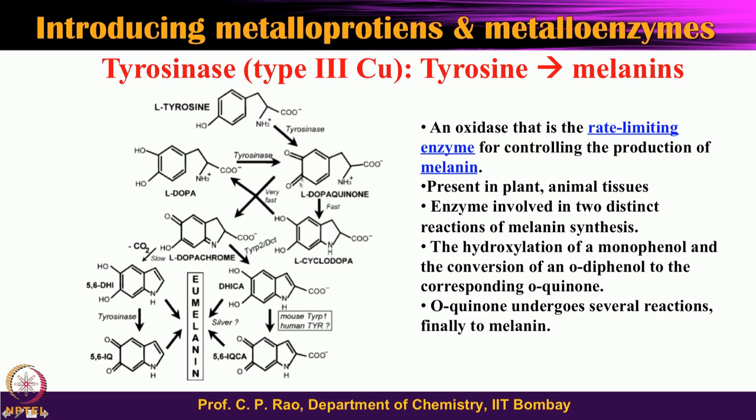There are two double bond O's here, that is called dopaquinone, and this is called dopachrome because one double bond O, one OH, and this one can form again in presence of the enzymes. It can lose the carbon dioxide and then form this diol kind of thing, and with one more enzyme again it can go back, or even going through this one it can form. So, therefore, you can see a variety of oxidative processes and this will make the eumelanin form of it.